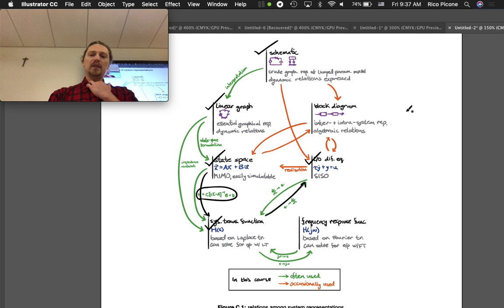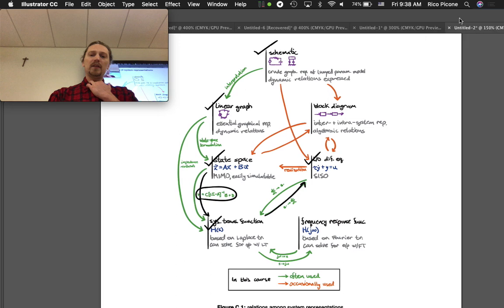And then there's the block diagram, which we'll also be talking about next semester. So it's like we keep learning all these new system representations, but I don't want you to feel like there's an infinite number more. We're pretty much getting to the end of new system representations. So this kind of helps you map it out.